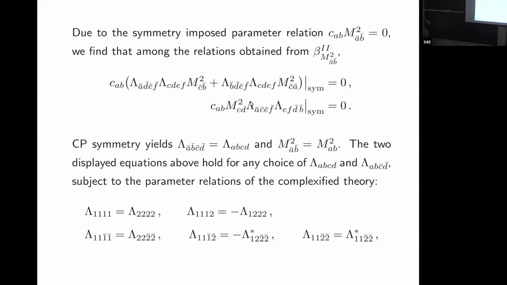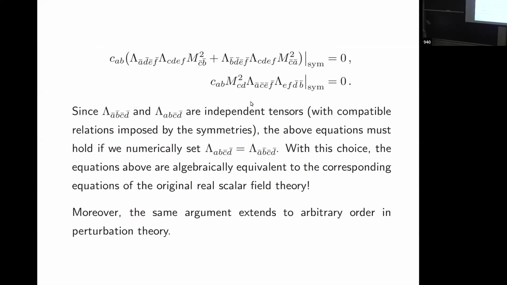The only non-trivial statement was the realization that I can just numerically set that like this. And I can do that because they're linearly independent, and they must be true even if I don't set it equal to that. So that means I can set it equal to it. And this sort of argument goes to any order in perturbation theory, because at the end of the day, the key point is I can always find a set of equations that just involve an even number of barred and unbarred indices.